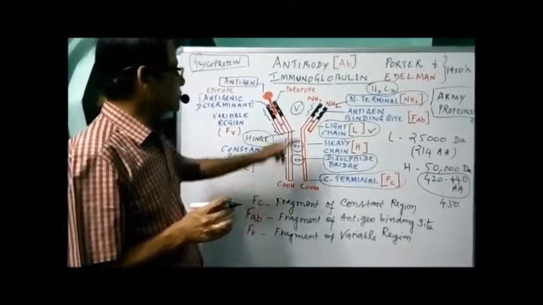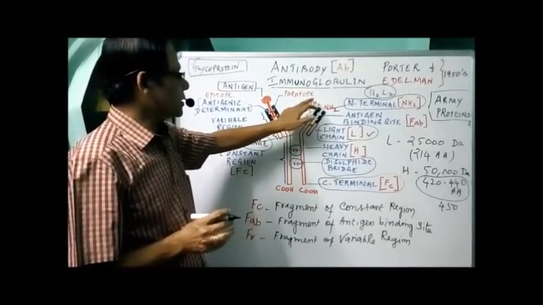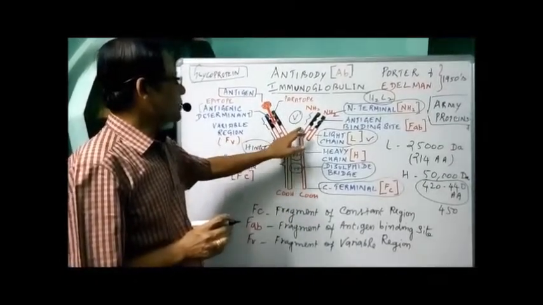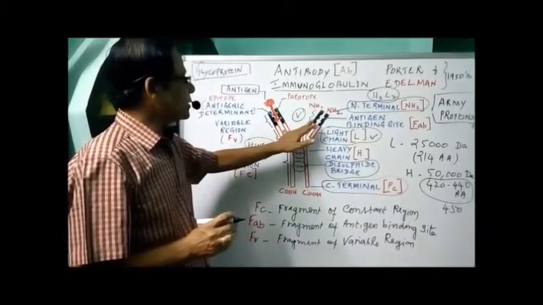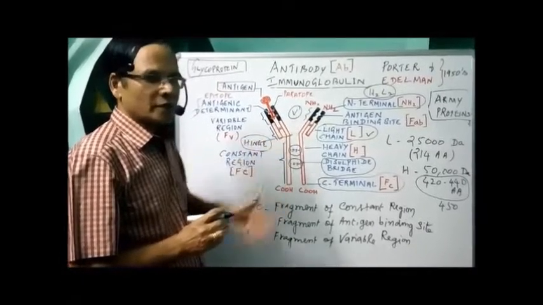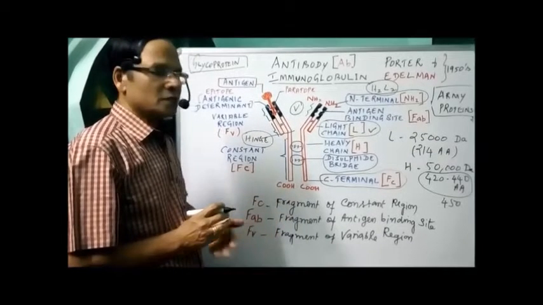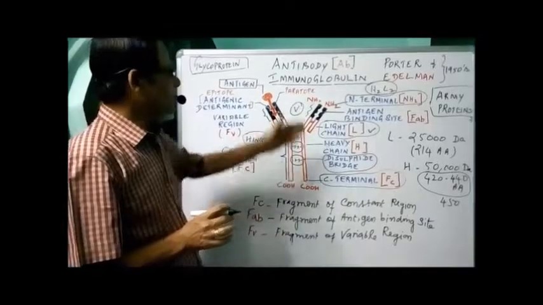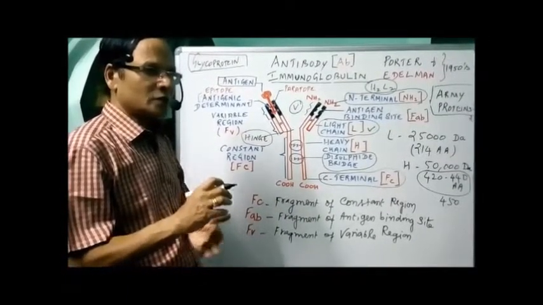This is with reference to two regions and the two terminals. One terminal is amino, another one is carboxyl or C-terminal. And we have two regions, the variable regions, exhibited by both heavy and light chains. And we also have a large constant region with a constant number of amino acids. The variable region shows varying sequence only, not the number.